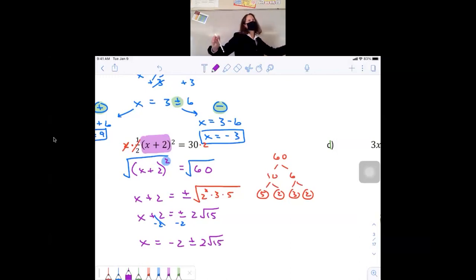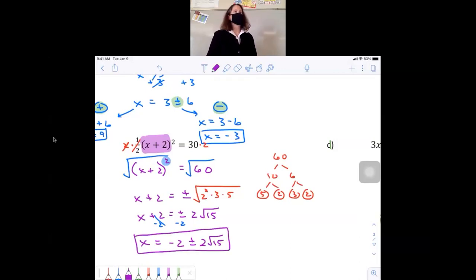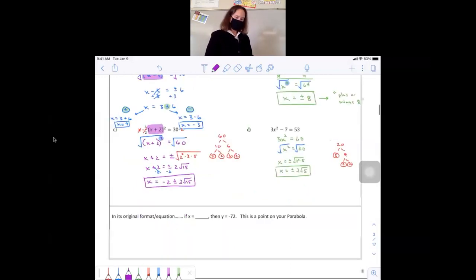And then how do I get just x by itself? Subtract 2 from both sides. So I get x is equal to negative 2 plus or minus 2 times the square root of 15. Here, don't even bother breaking it up.